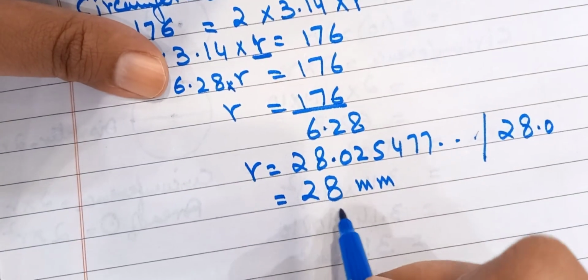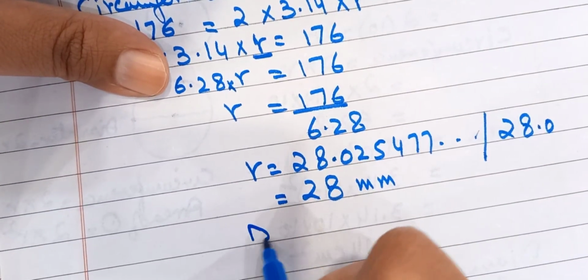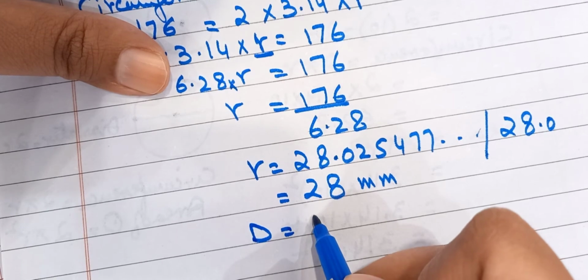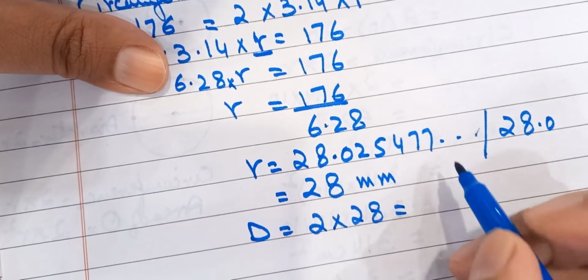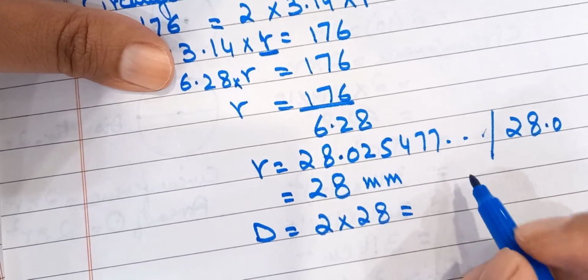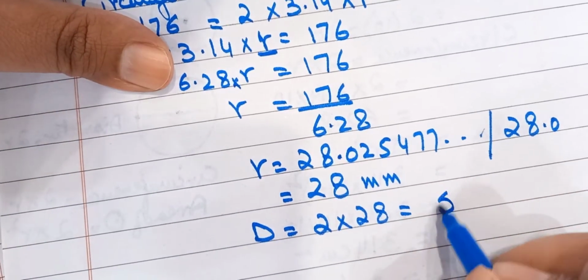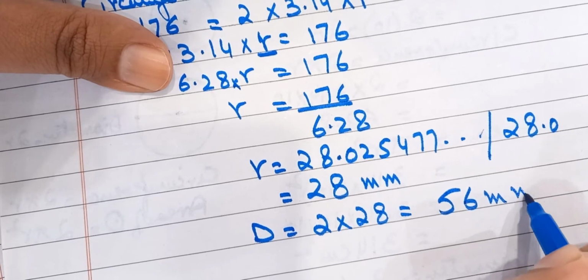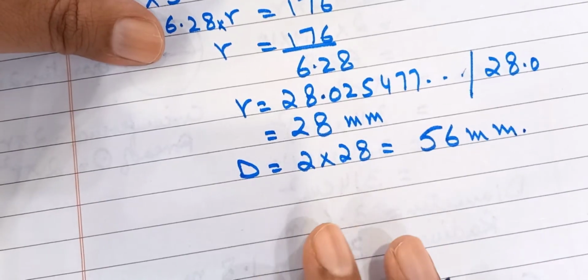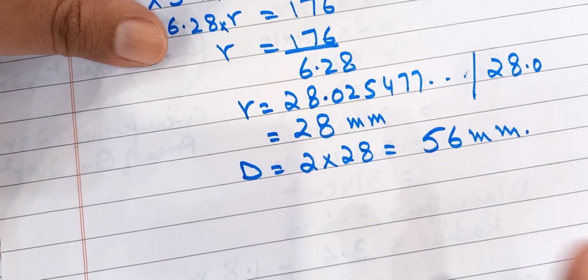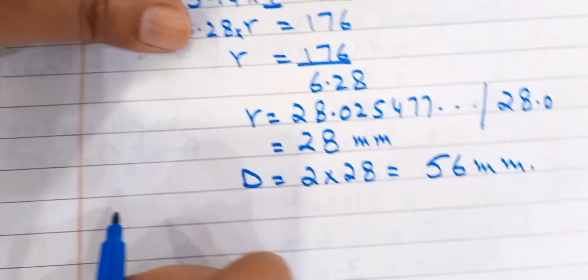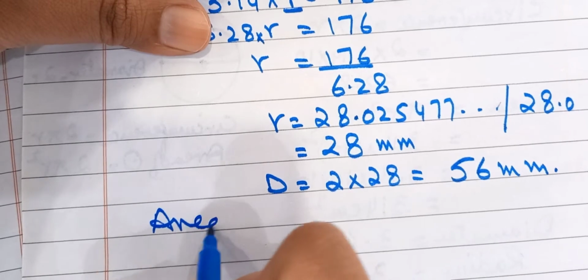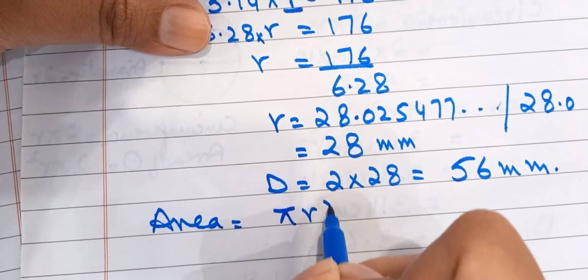Now as we got our radius, we can get the diameter. We will multiply radius with 2 and we will get our diameter, which will be 56 millimeter. Now we got the circumference and the radius, so we will find the area. Area is equal to pi r square.